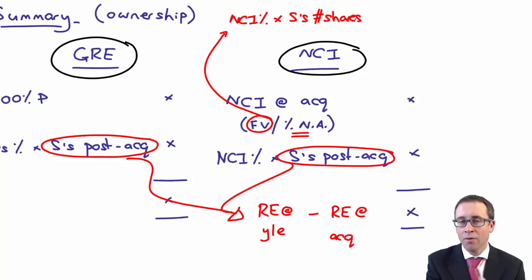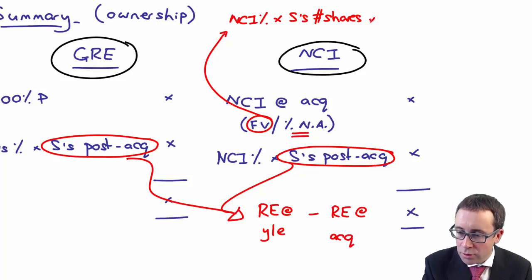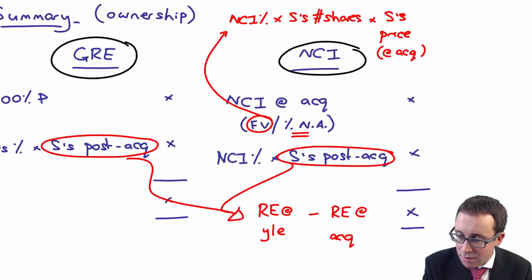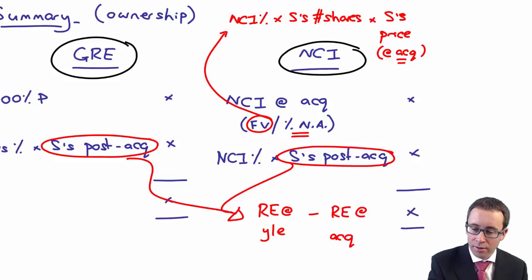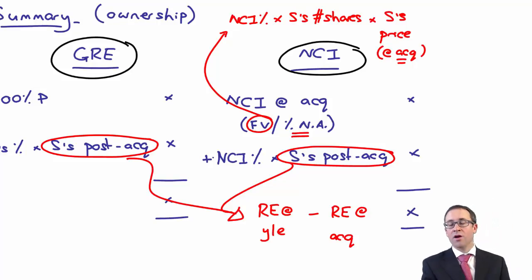Then you multiply that by S's share price, and that share price needs to be at the date of acquisition. Whatever figure you have, you then add on the non-controlling interest share of S's post-acquisition profits.